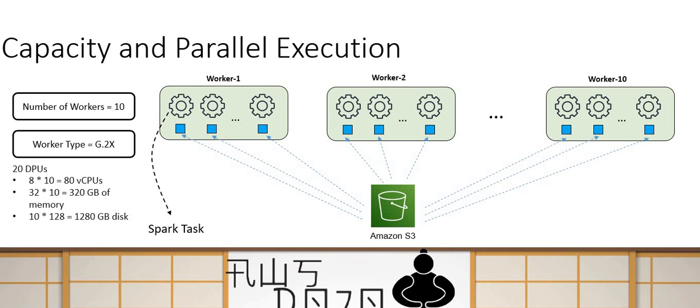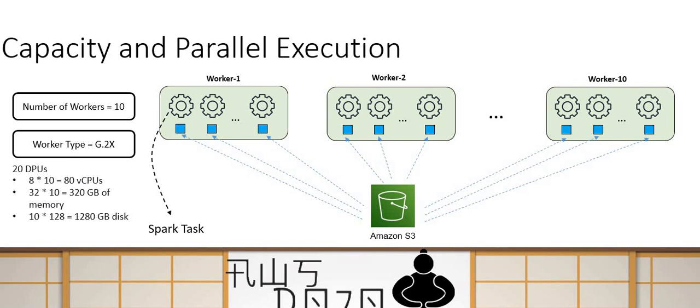So you can see that each of these Spark tasks is allocated certain CPU and memory, and then these Spark tasks actually take a portion of your data and simply process it. That's how your parallel execution or parallel processing happens in a Glue job by using Spark tasks.